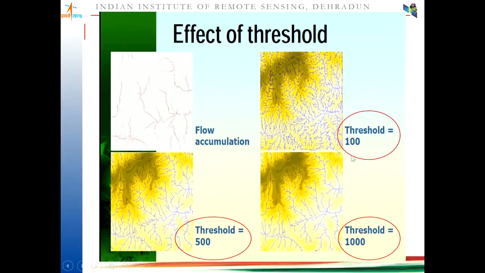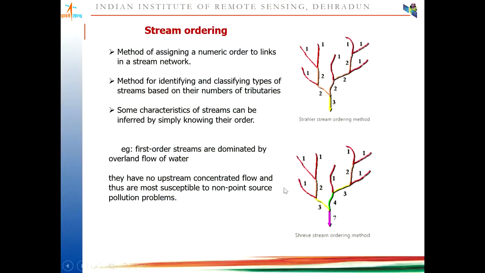By changing the threshold value, we can generate the first order stream, second order stream, third, fourth, and so on. Once you get the ordered streams, we can give the numbering system also. There are two types of numbering systems: the Strahler stream ordering system and the Shreve stream ordering system.